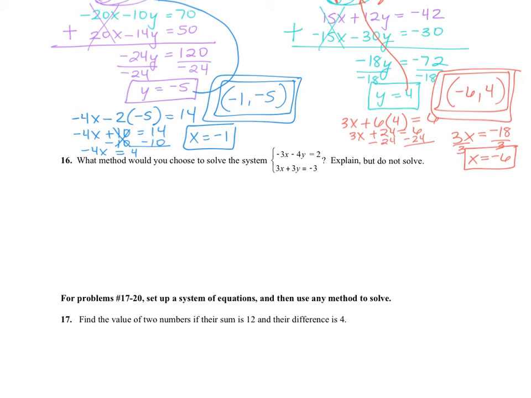What method would you choose to solve this system? So if you look here, you just have to explain it. You don't have to solve it. There's a negative 3x and a positive 3x, so that one's really easy just to add.